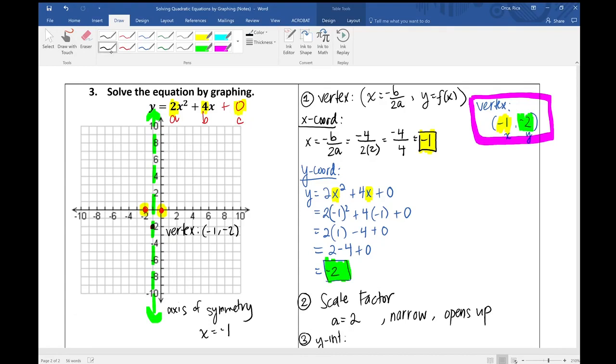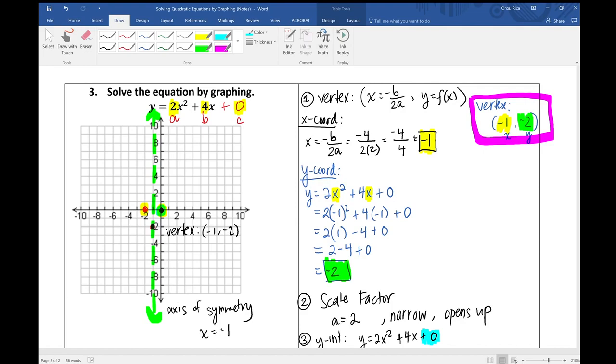Remember my equation? y equals 2x squared plus 4x plus 0. Our y-intercept is c, and c is at 0. Not only is 0, 0 our x-intercept, but it's also, coincidentally, our y-intercept.